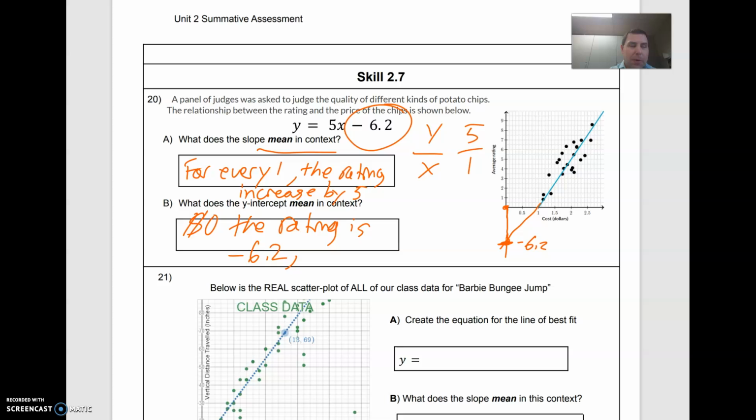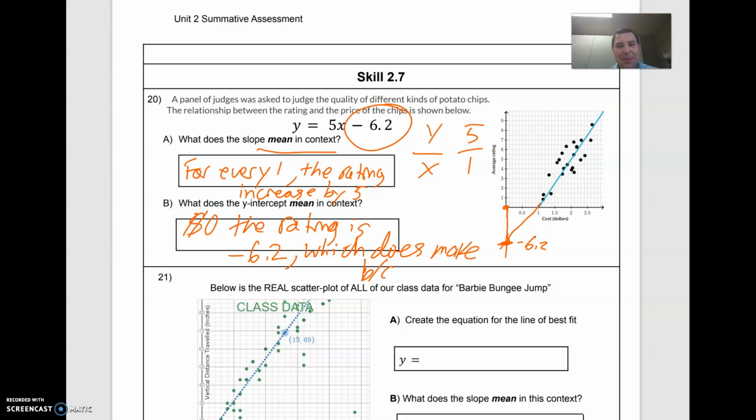And if you clarified it by saying which doesn't make sense because it doesn't make sense to have a negative rating, that's really what it would mean, okay?